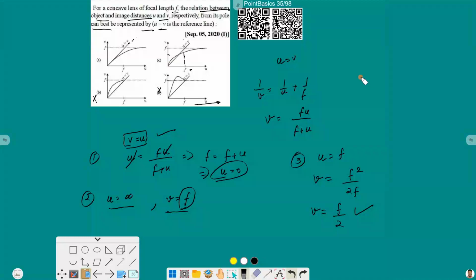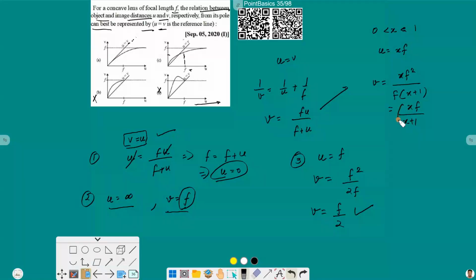To find this behavior, let us take u is equal to x times f, where x varies between 0 and 1. From this formula, v will be equal to x f square divided by f common into x plus 1. So it will be xf divided by x plus 1.